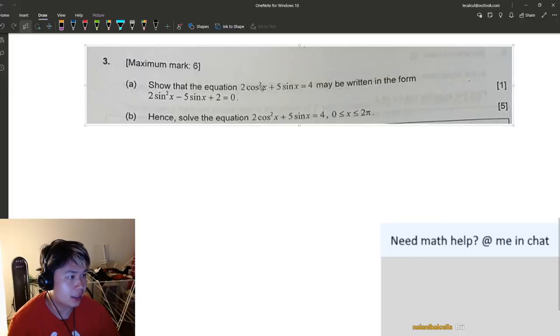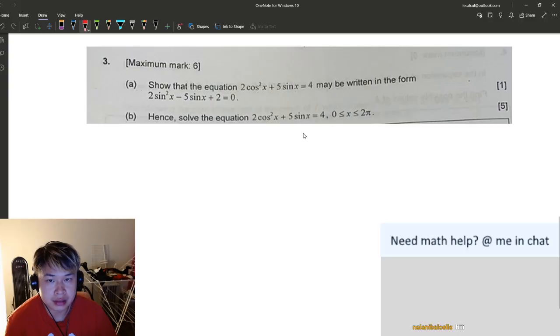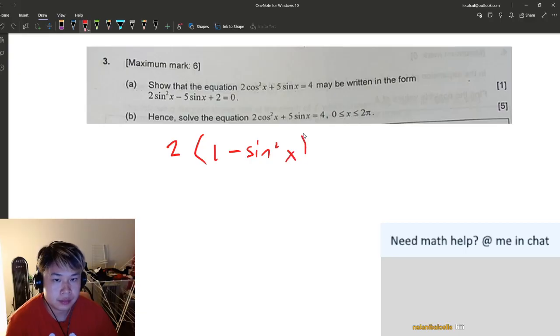We have cosine squared, and then we want it in terms of all sine, so we can use the Pythagorean identity. So 2, and then cosine squared we can write as 1 minus sine squared. And then plus 5 sine x equals 4.